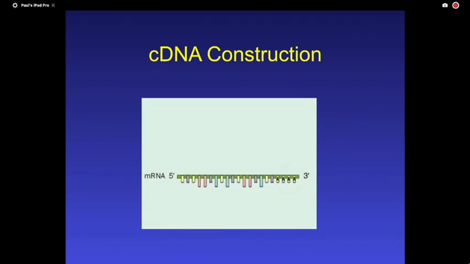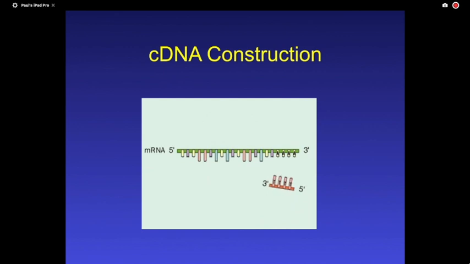A messenger RNA molecule has a 3' poly-A tail. So, using an oligo-dT primer and reverse transcriptase, a complementary strand of DNA, or cDNA, is synthesized, forming an mRNA-DNA hybrid.